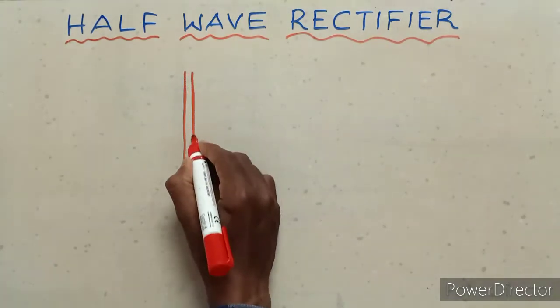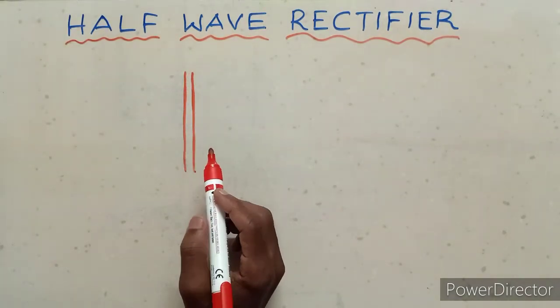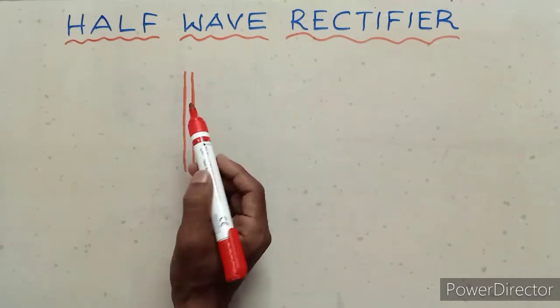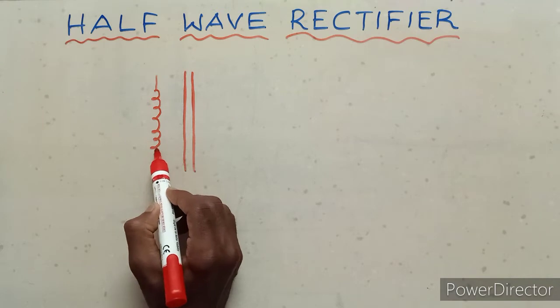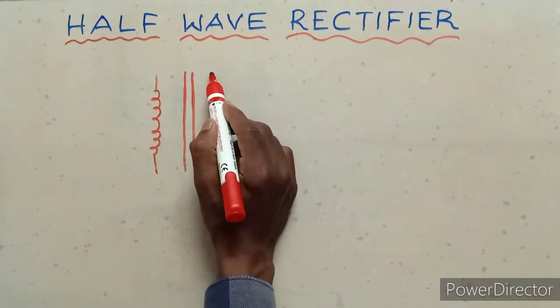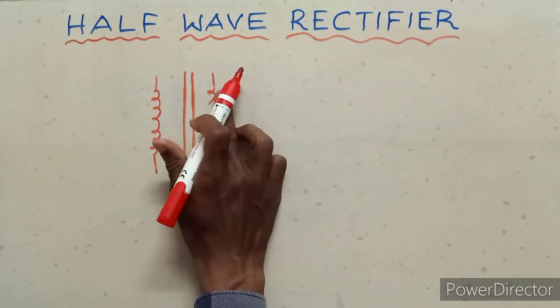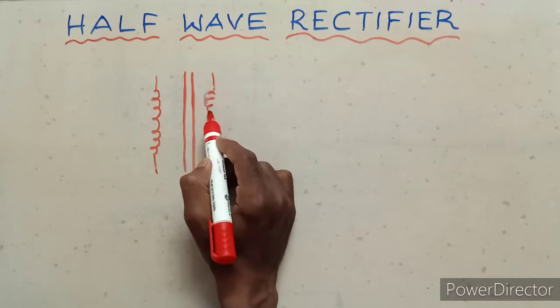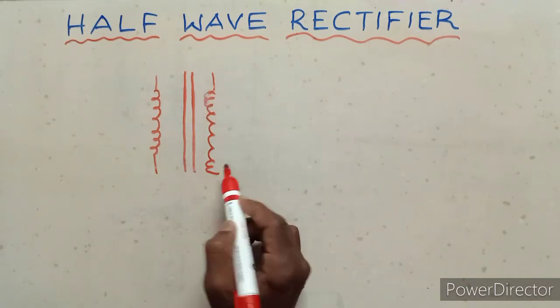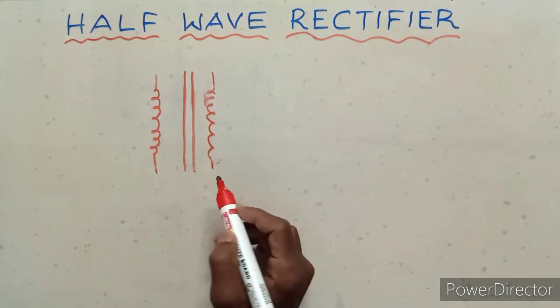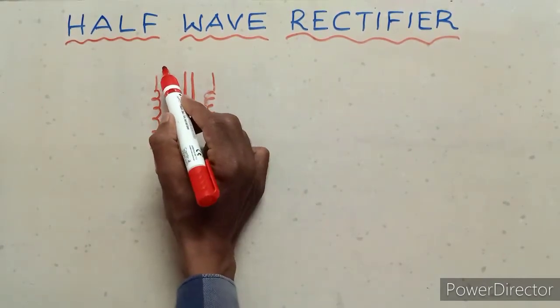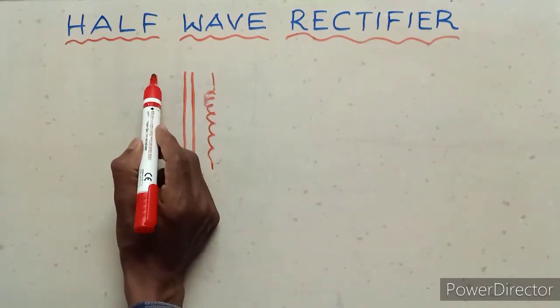This is the transformer. Transformer consists of two coils. One is the primary coil and another is the secondary coil. So this is the primary coil, this is the secondary coil.